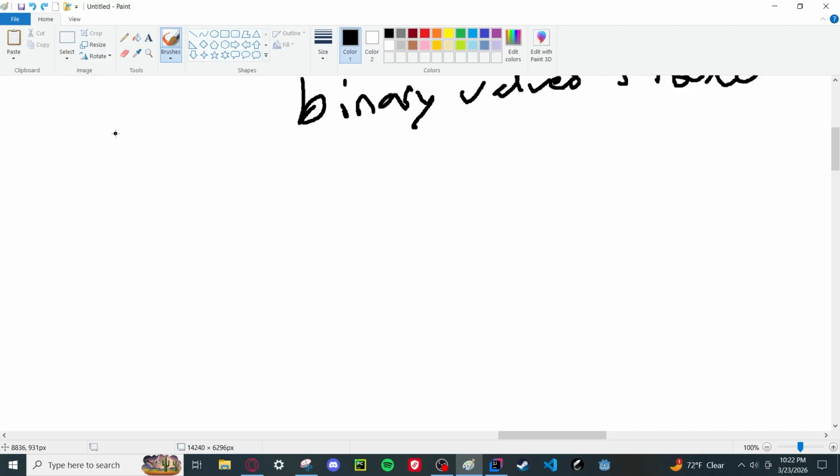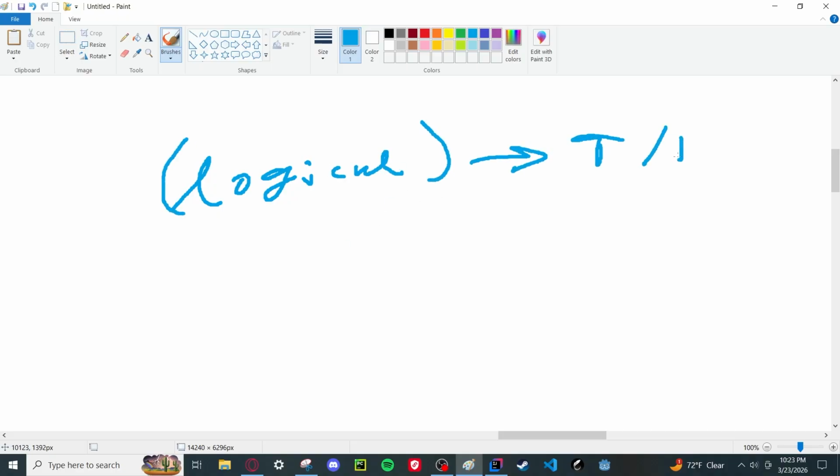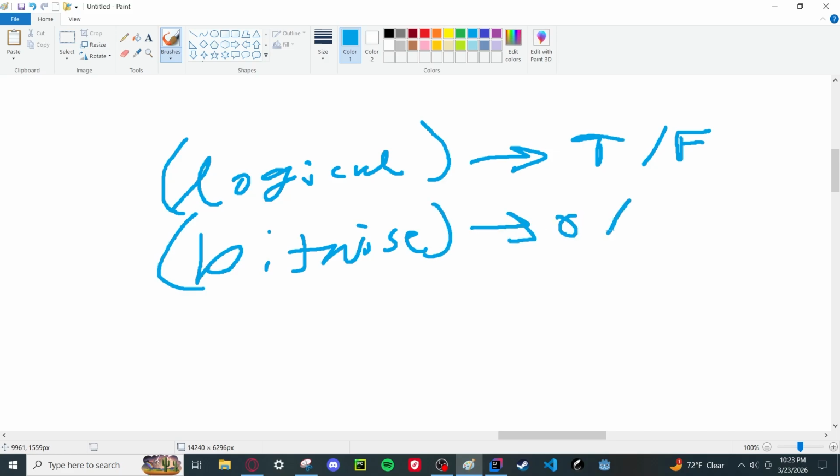So I know when I was doing my example, I was doing like 1 and 0 for and stuff like that, right? Well, I guess that's more applicable towards this bitwise version. When you're dealing with logical operators, you're dealing with trues and falses. When you're dealing with bitwise operators, you're dealing with binary, so zeros and ones.